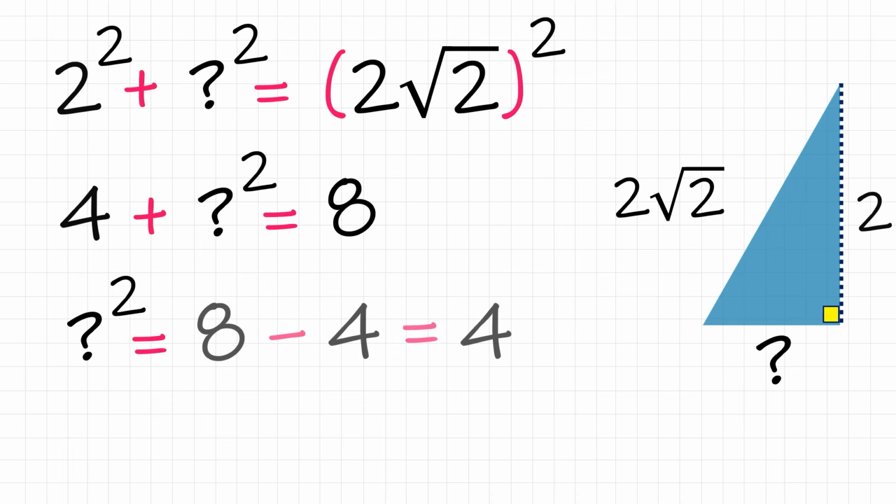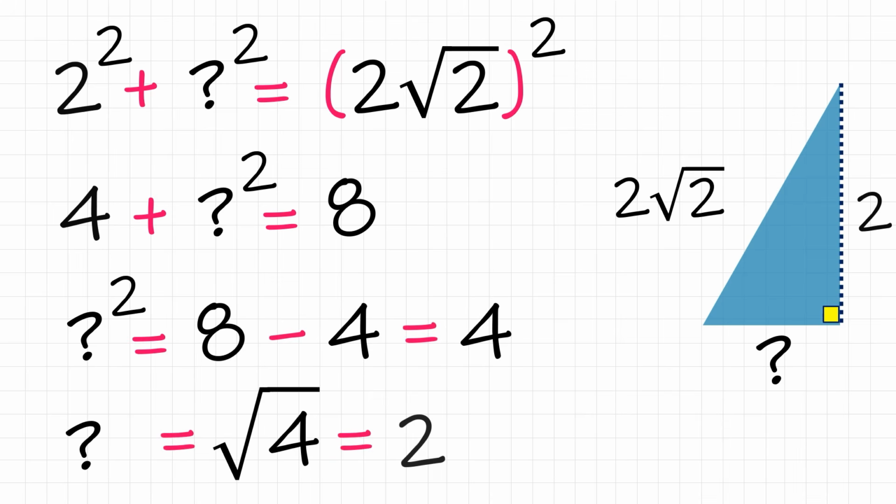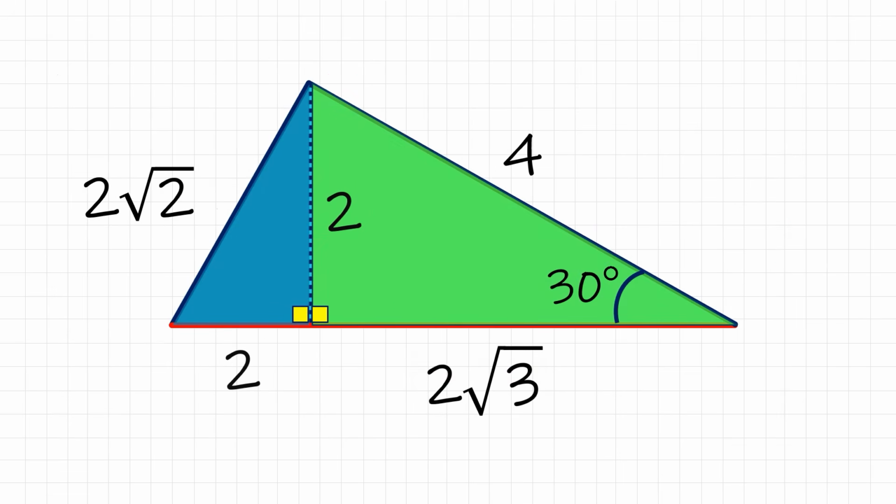If we subtract 4 from 8, we find that our edge squared is exactly 4. The square root of 4 is 2, so the left side of our red base is simply 2. We have successfully decoded the puzzle.